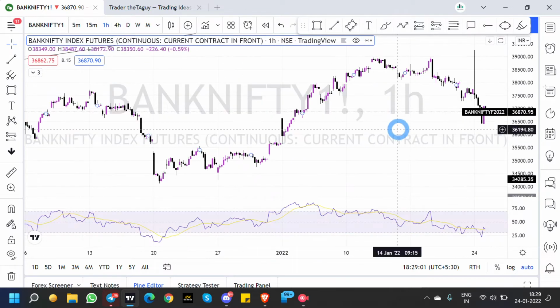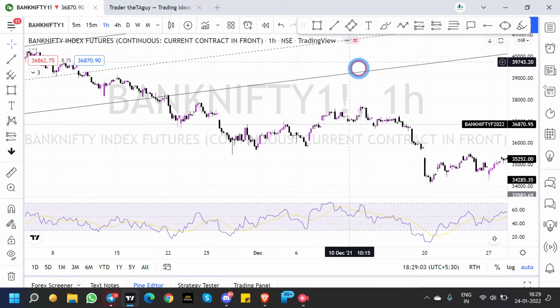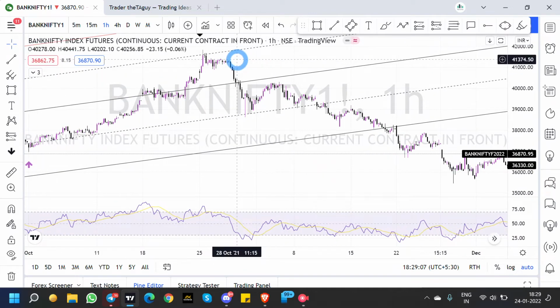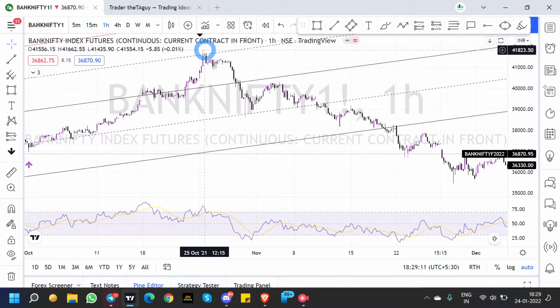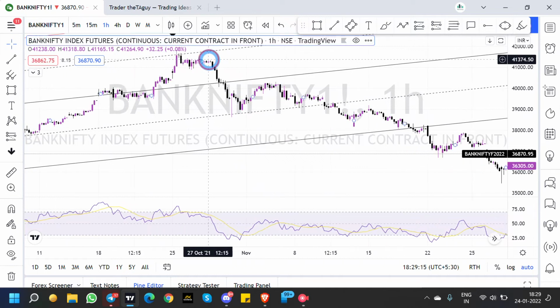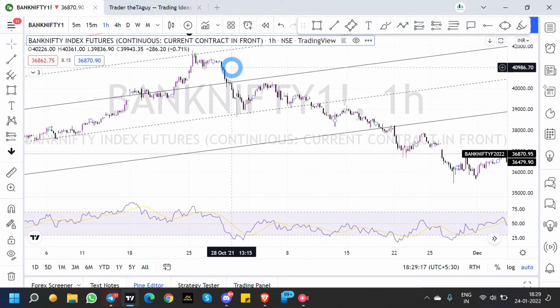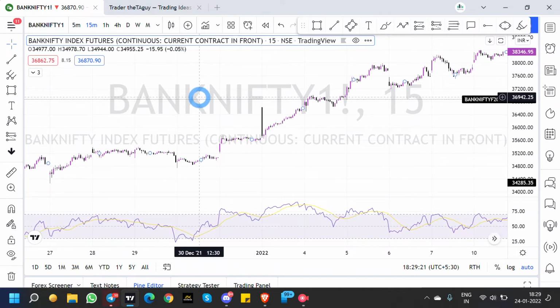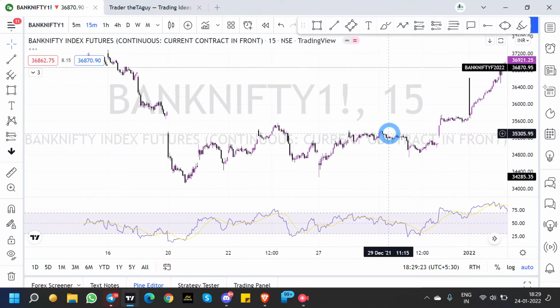Now let's check it on 1 hourly time frame. Here it has made a doji again, and it is on the overbought position on the RSI too. So we can take this trade. But let's take the confirmation of 15 minute chart too.